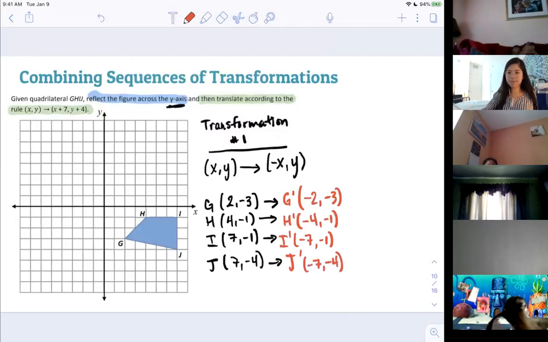Thank you, Alejandro. Okay, let me go ahead and graph that image. Negative 2, negative 3. Negative 4, negative 1. Negative 7, negative 1. And negative 7, negative 4.